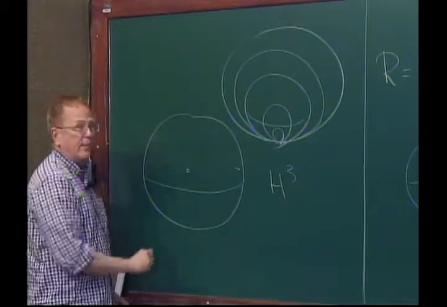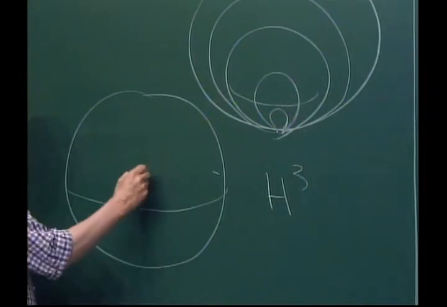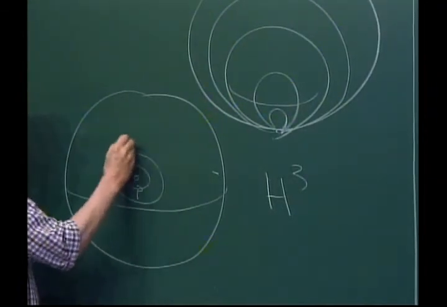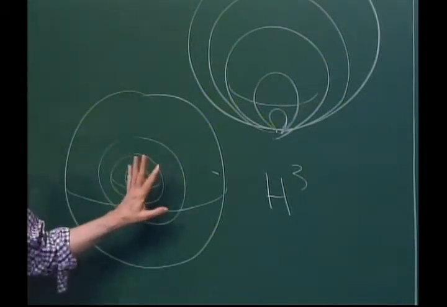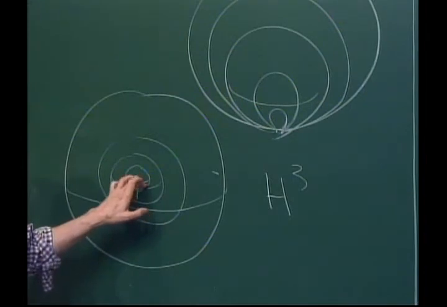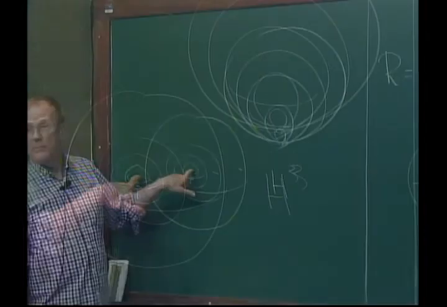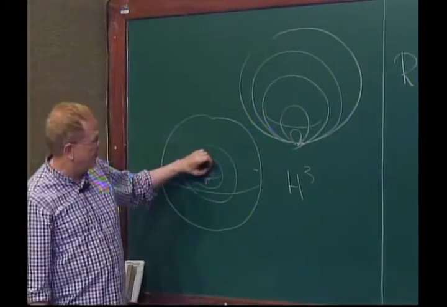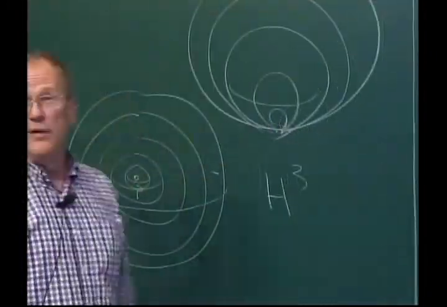If you pick a base point, P, sort of a center for the space, you can look at round spheres. So you could foliate the complement of a point in hyperbolic space by geodesic spheres of varying radius going to infinity. Okay? You can do the same thing in R3.